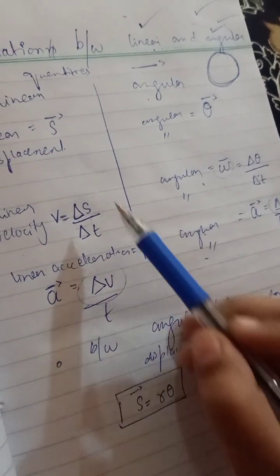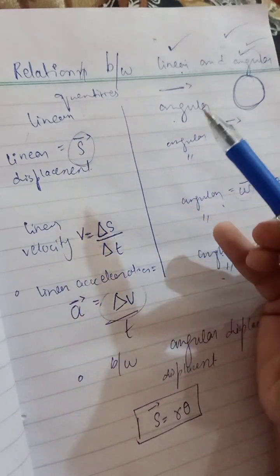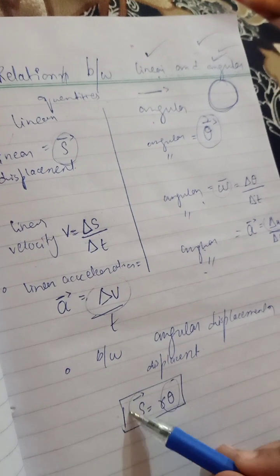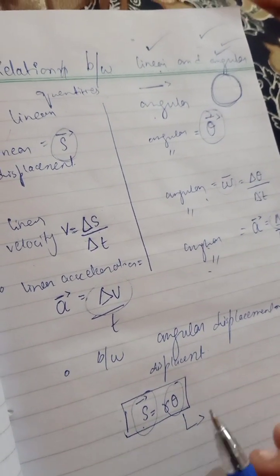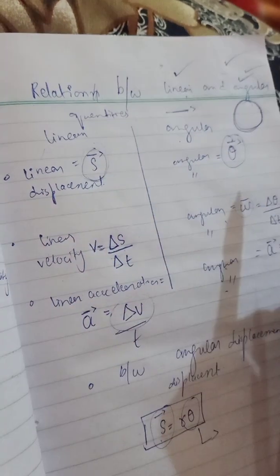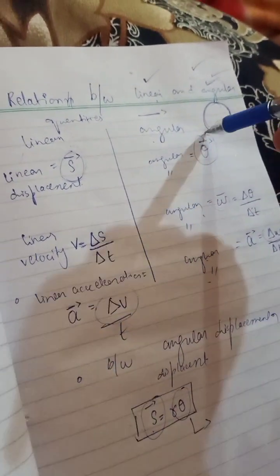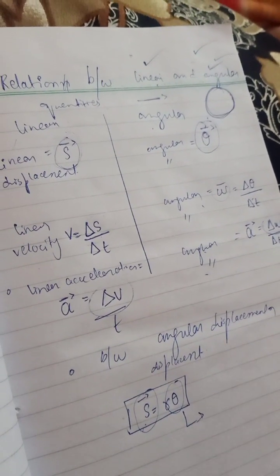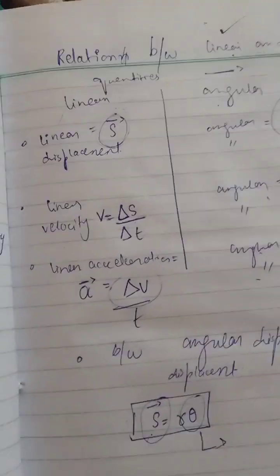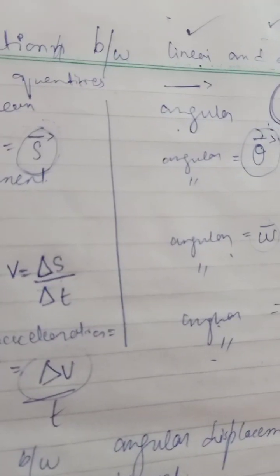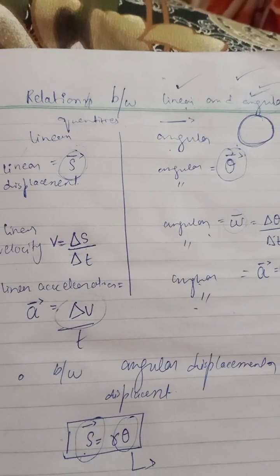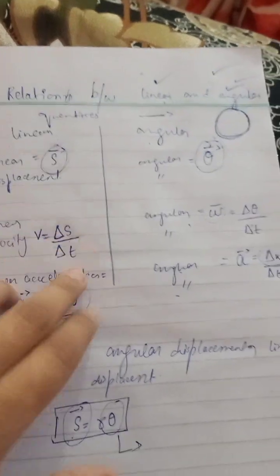In one formula, both the linear displacement and the angular displacement, theta, are present. So they have a relation between them. But the velocity and acceleration formulas do not have the same quantities coming in both.